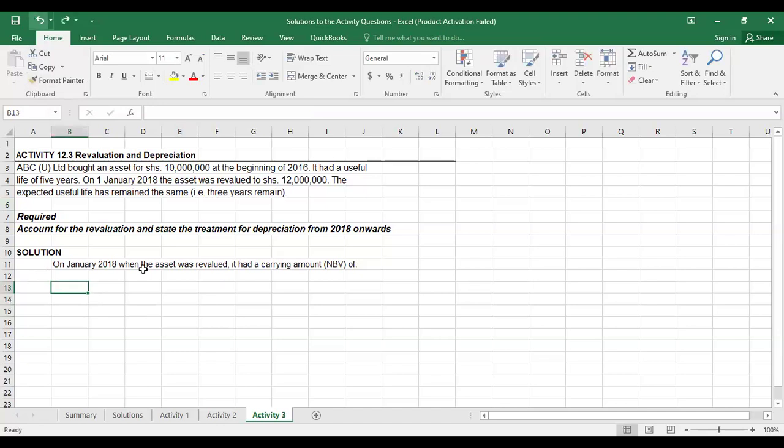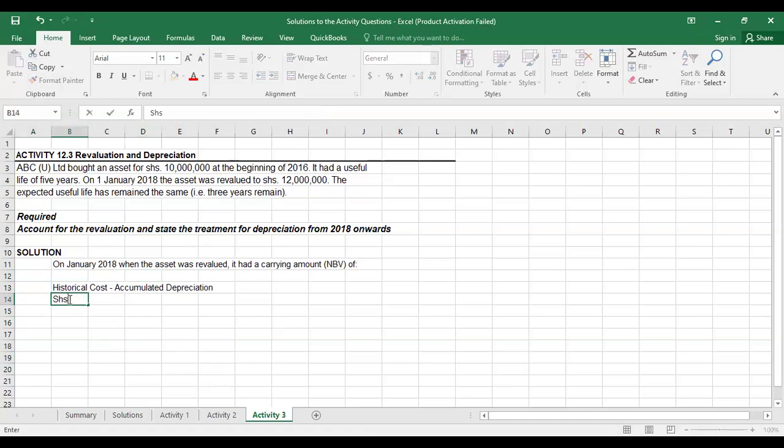Historical cost minus accumulated depreciation.